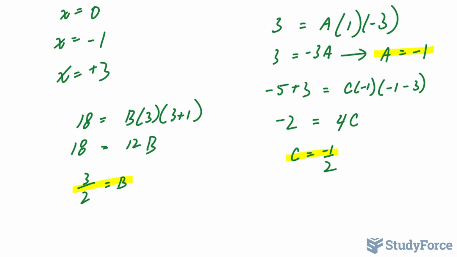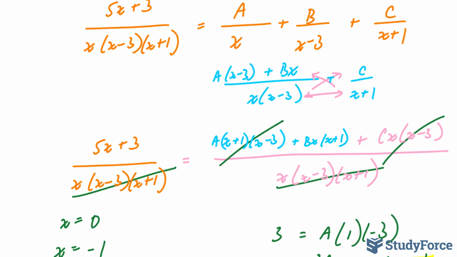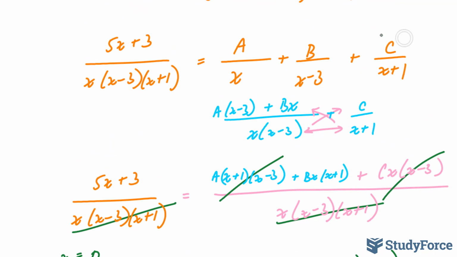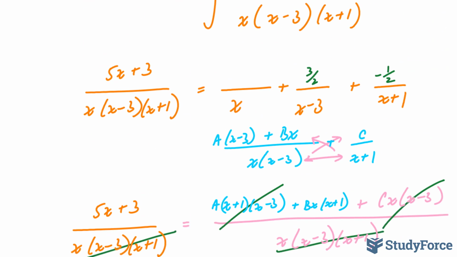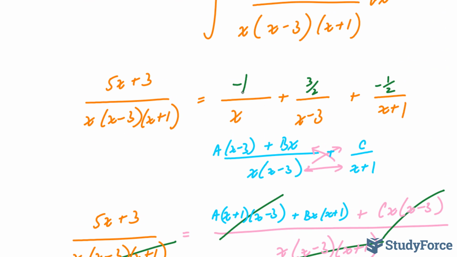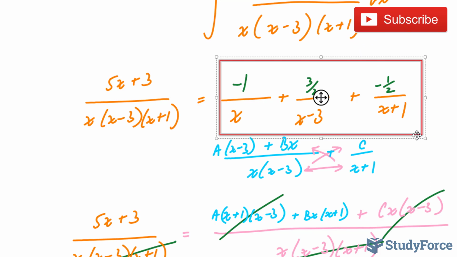In our last step, we will place these numbers back into here. So our A, B, and C will be replaced with: this was 3 over 2, this was negative 1 over 2, and our A, if you recall, was equal to negative 1. We have to find the integral of this function, which is not hard to do at all.